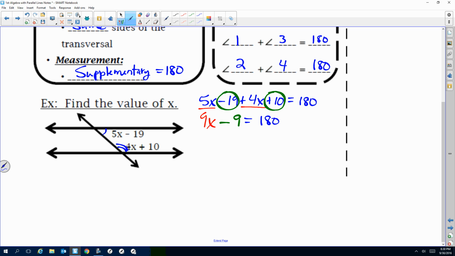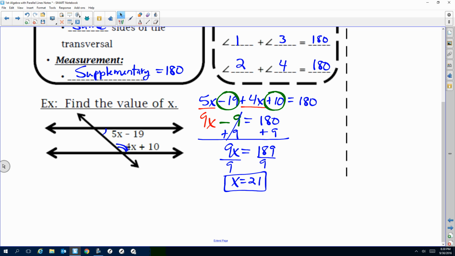Now we're going to solve for x by isolating it. And we would just need to add 9 to both sides. The 9s on the left side would cancel out, leaving this 9x remaining equals 189. And then we would divide by 9 on both sides. And so x equals 21. And that is our answer. So there's our example for consecutive interior or same side interior.